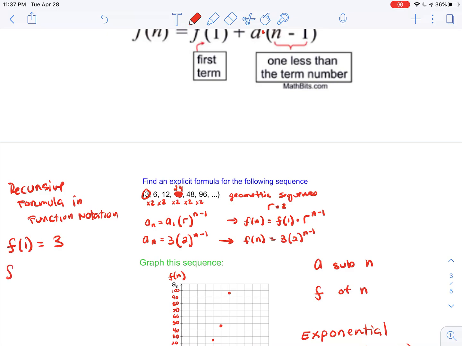We need our initial term, which is going to be f of 1 is equal to 3. And my f of n term is equal to 2 times the term before it, which is f of n minus 1.